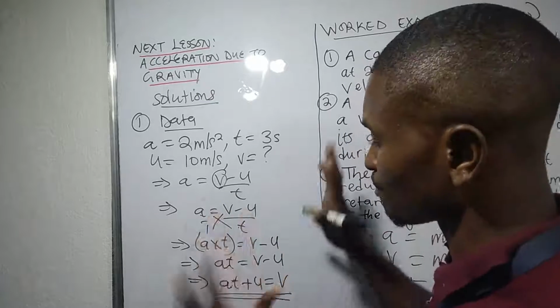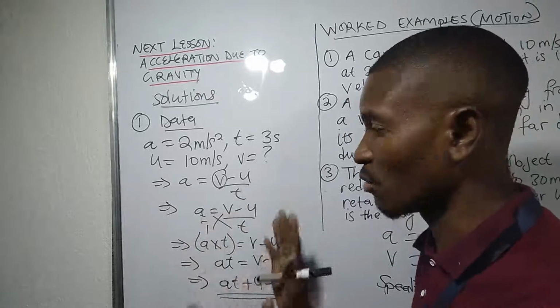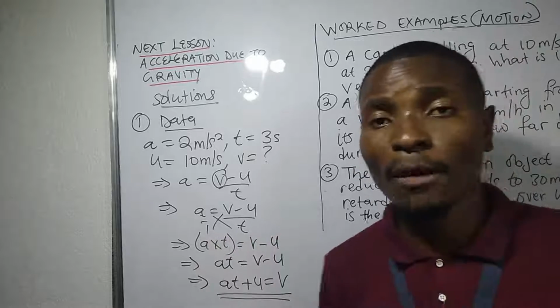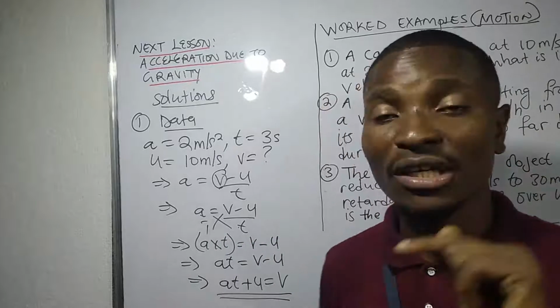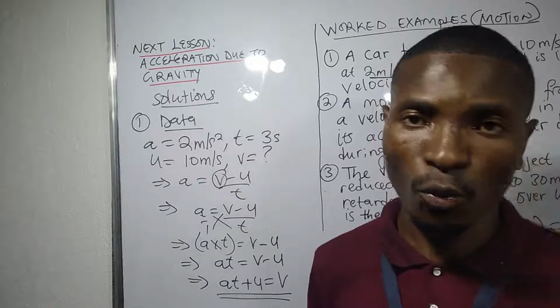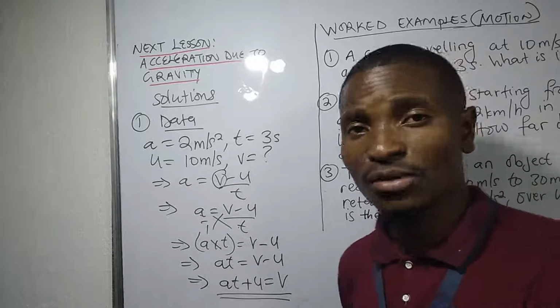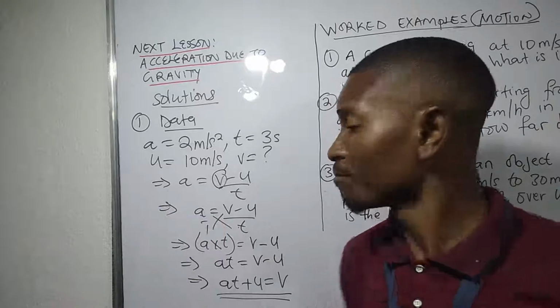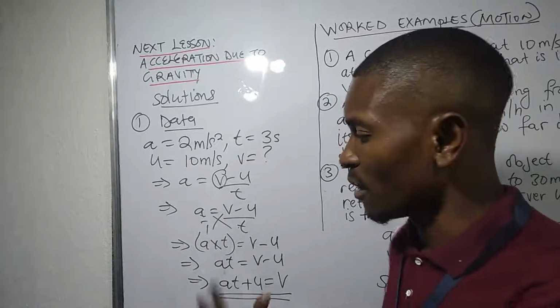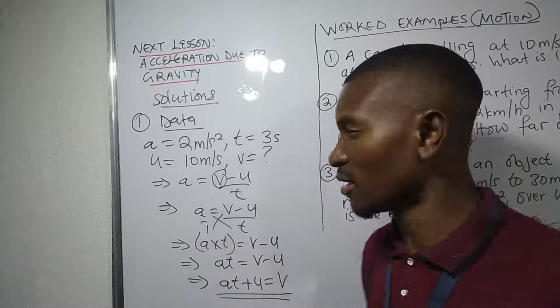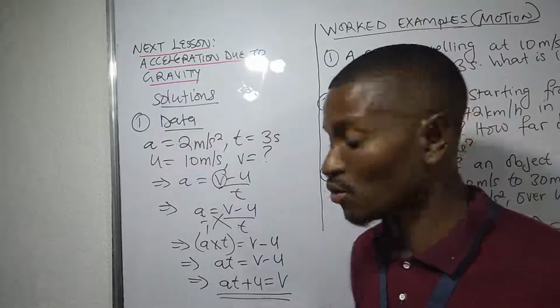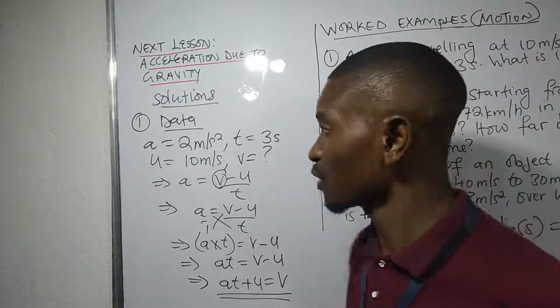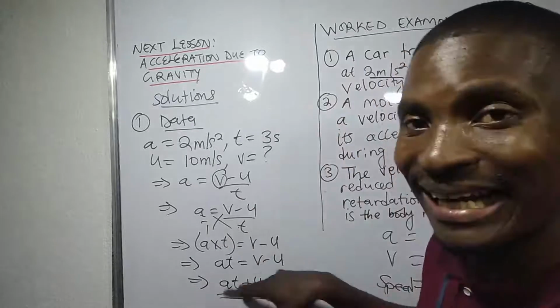If you are not sure how to do this, there is a video I made on how to change the subject of the formula from one variable to another. Check out that video, learn from there, and then come back to do what I'm doing right now. So now we can just plug in the numbers.